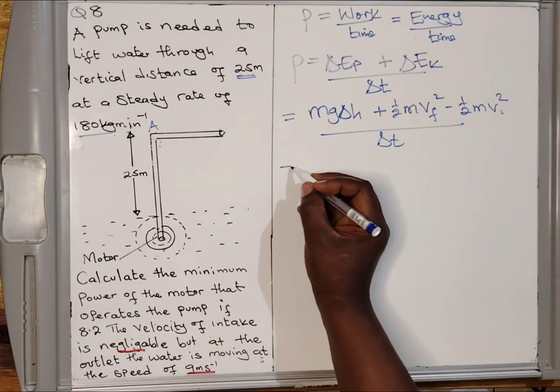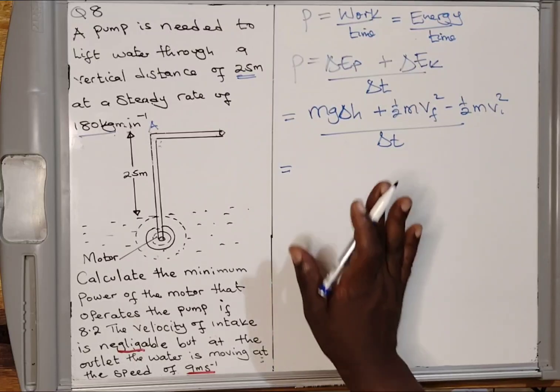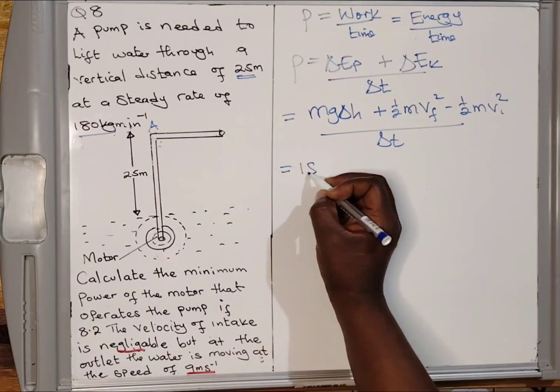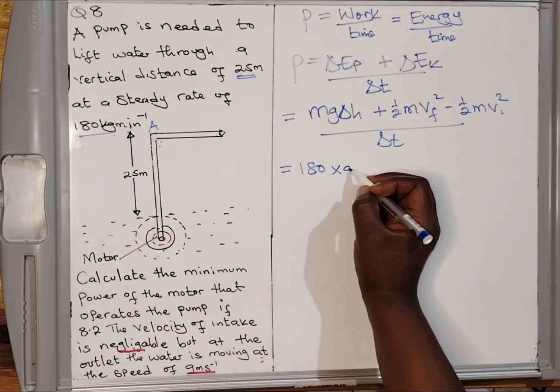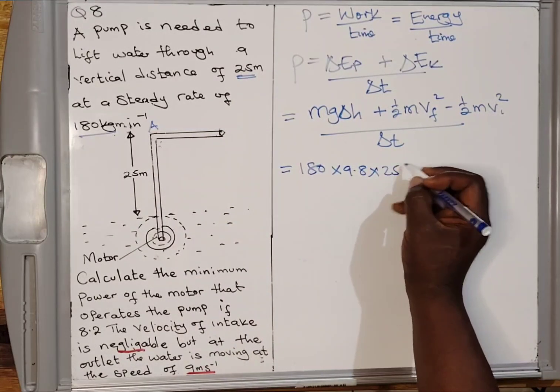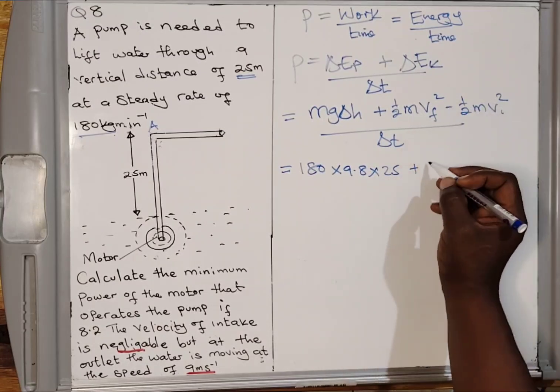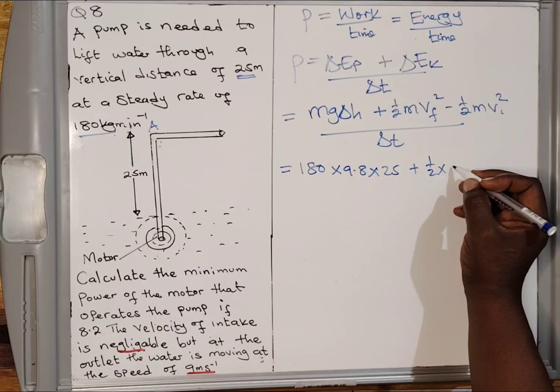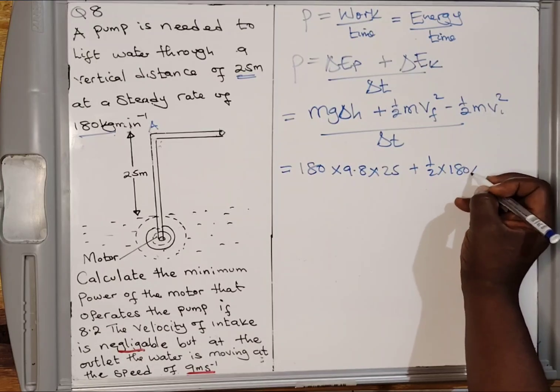So what do you have here? It's just substitution. Everything is known. We know the mass of water ejected is 180. We know the height. Height is 25. Then the mass is known, the same, 180.